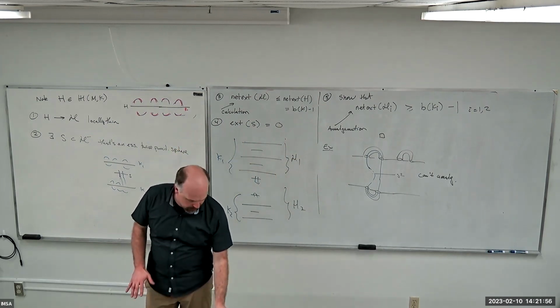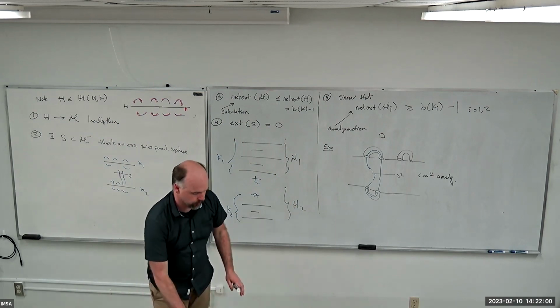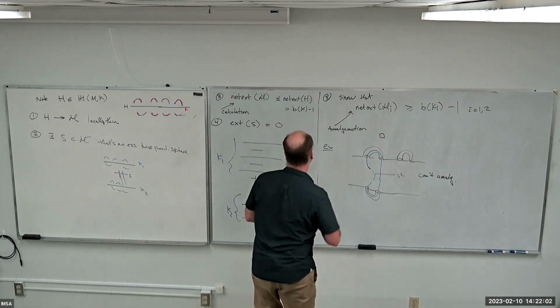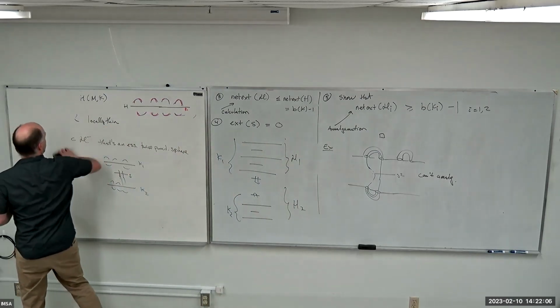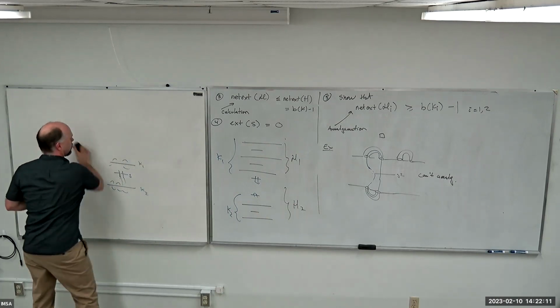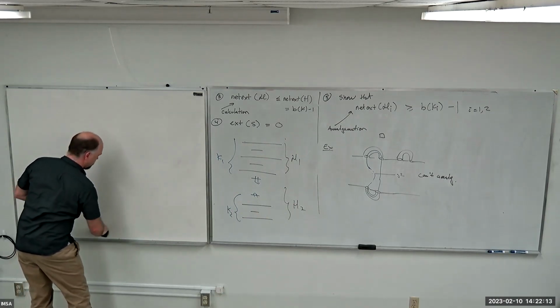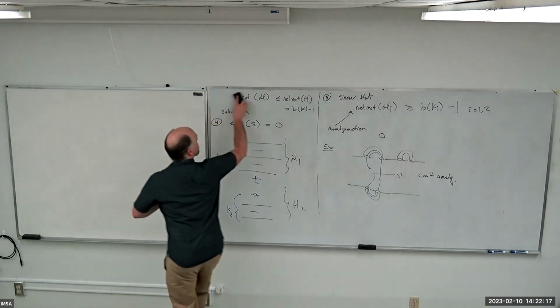Anyway, I have like 10 minutes left, so let me advertise some of the other things we're able to do with this. At least hopefully see the strategy for how one might prove that some invariant is additive.